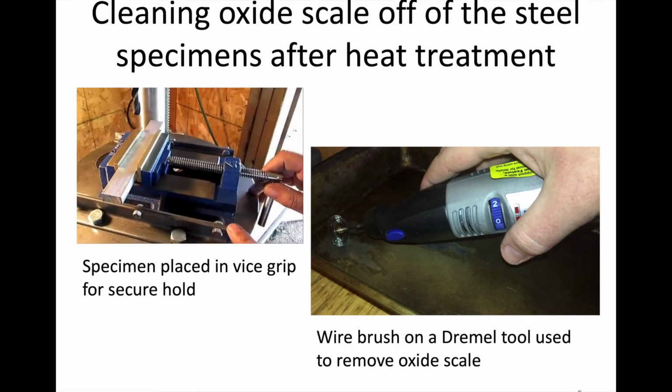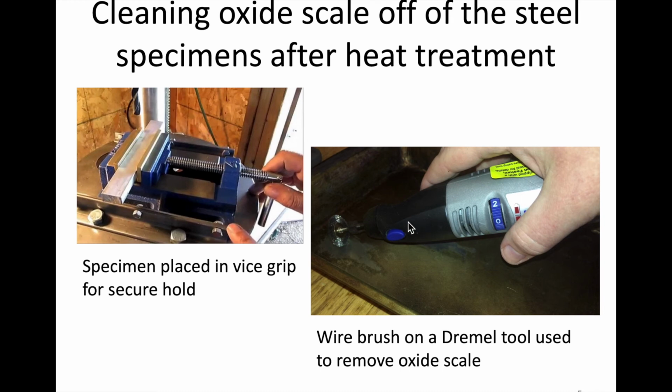The next step after we finish these heat treatments is that these are all done in oxide containing environments, and so they all oxidize and produce a scale. And so we need to remove that for future tests. And so the way you do this, and you see this in the videos as well, is that we place our sample in a set of vice grips to secure it so we don't have to hold it.